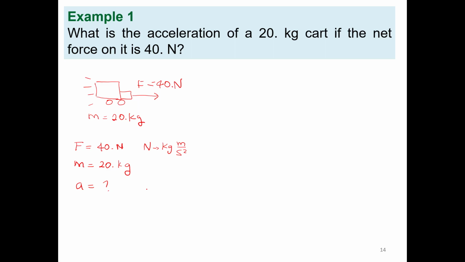Now we need to solve for acceleration. The force equals mass times acceleration, and we divide by the mass because we want to solve for acceleration.